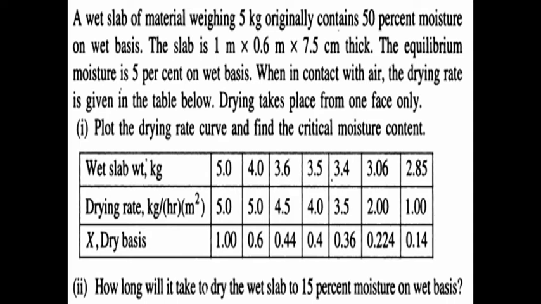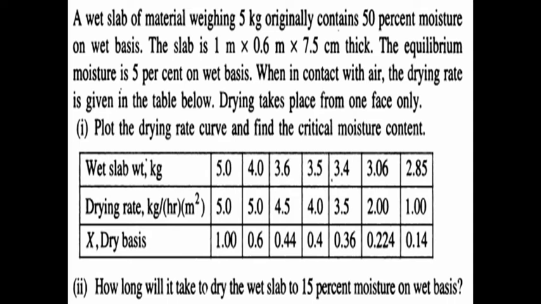First question, plot the drying rate curve using this data and also find the critical moisture content. Critical moisture content is capital XC. What is XC? It is the end of the constant rate drying period. Are you clear or not? Okay.